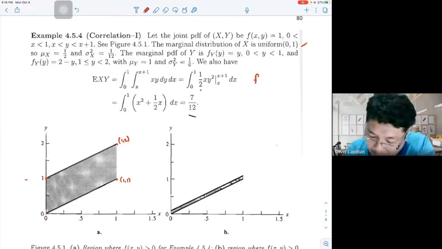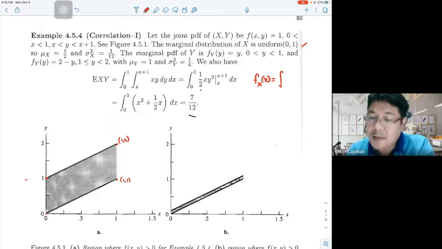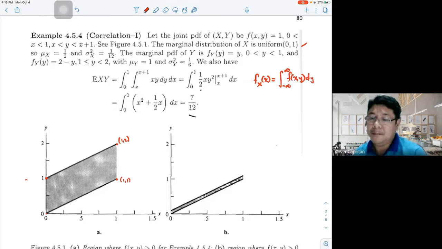The marginal distribution of x is equal to the integral from negative infinity to positive infinity of the joint, dy, here from y equals x to x plus 1.